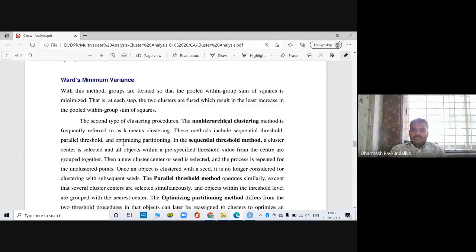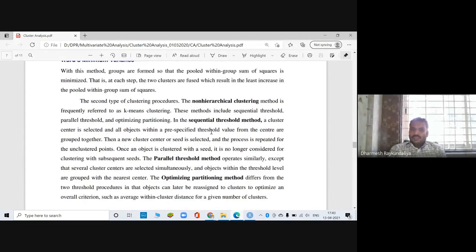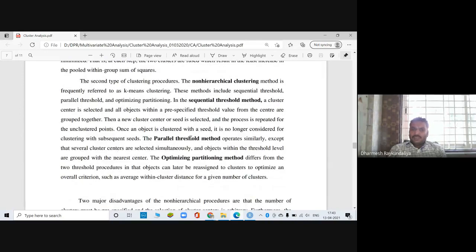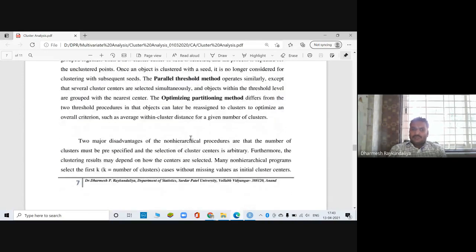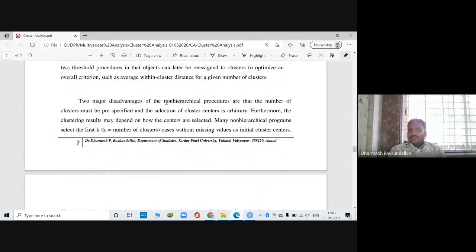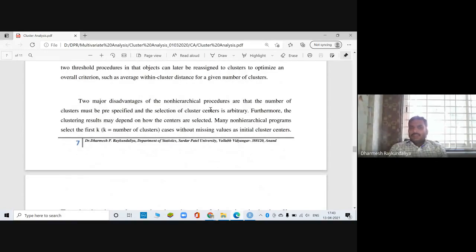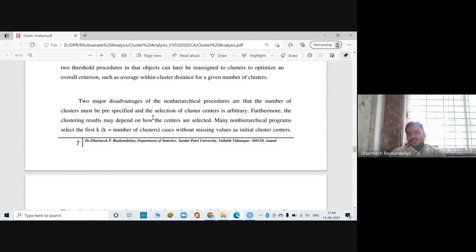Similarly, you have non-hierarchical clustering, containing the sequential threshold, parallel threshold and optimization partitioning methods. Two major disadvantages of a non-hierarchical procedure are that the number of clusters must be specified. So when you do non-hierarchical clustering, there is a disadvantage. What is that? You should know the number of clusters first.